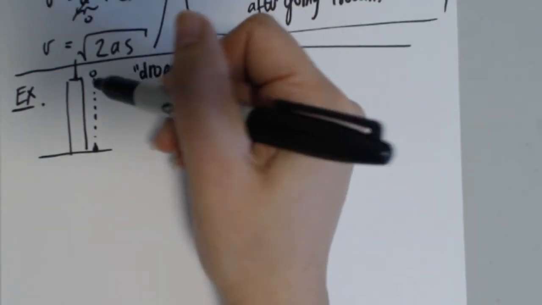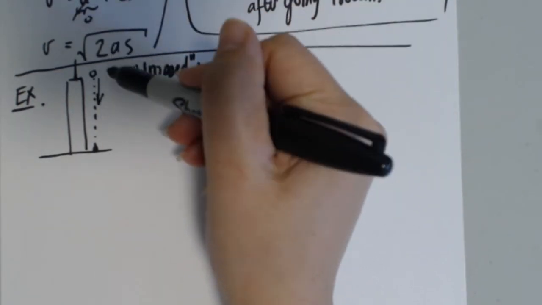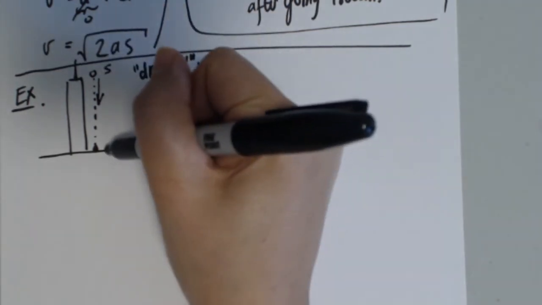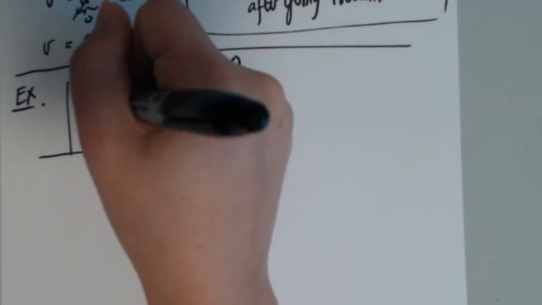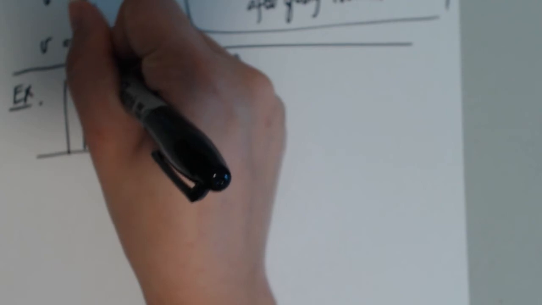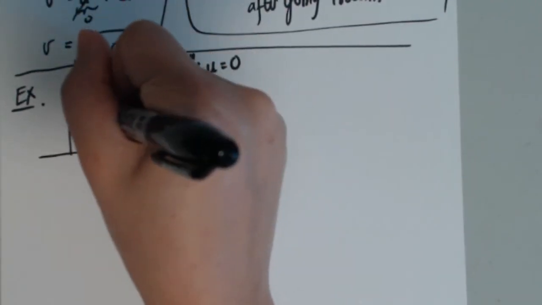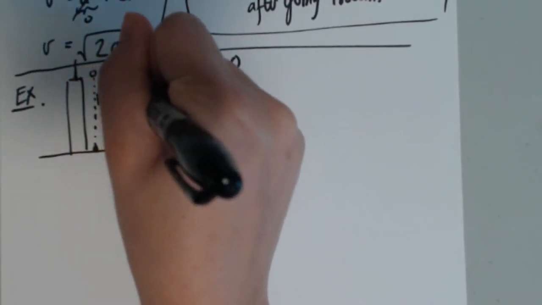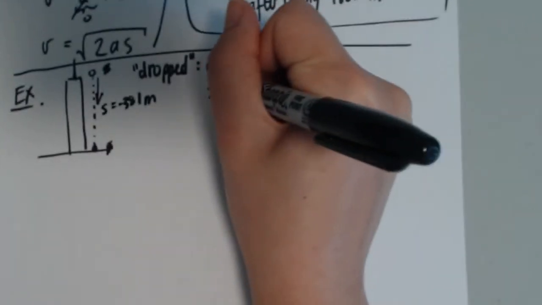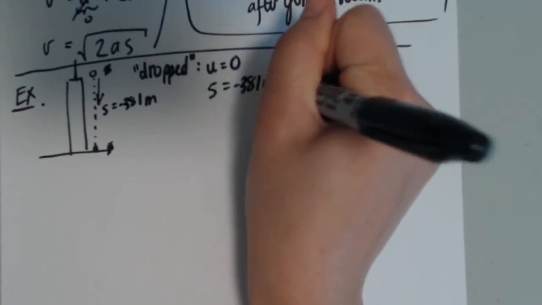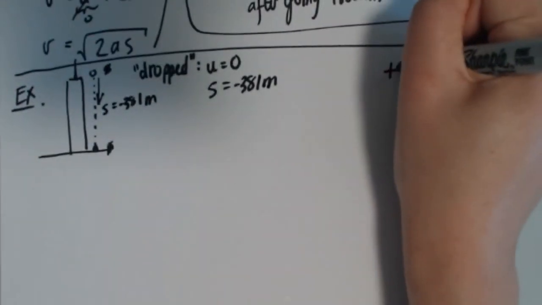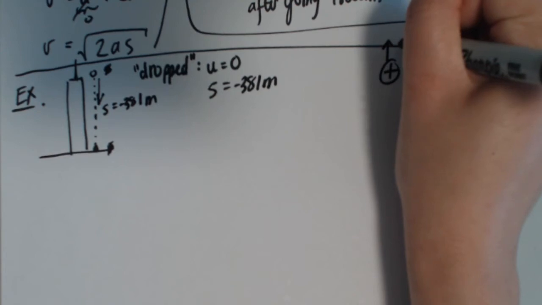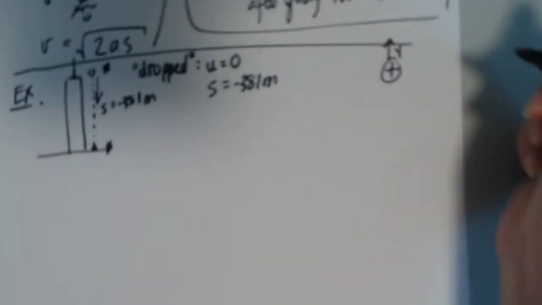Now, this ball is falling downwards. So from where it starts to where it finishes, it undergoes a displacement of 381 meters down, right? So I shouldn't call that S because that'll get confusing, but my displacement is minus 381 meters. The fact that I'm saying that down is negative means that I have to state that up is positive. So up is positive y.